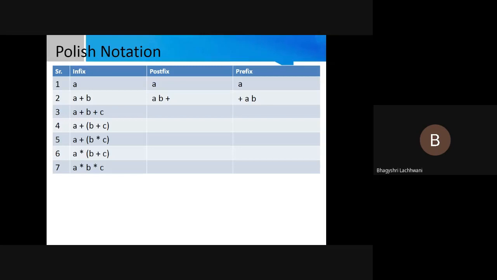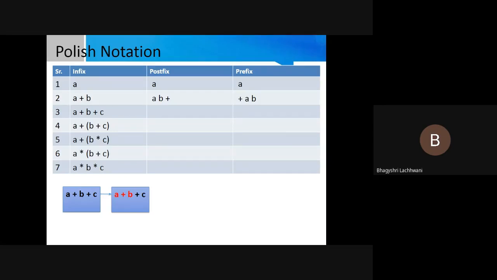Three operands: A plus B plus C. First you will try to solve the first half, that is AB plus. Then plus C. AB plus will be considered as operand 1, C is the second operand, and in between plus will be there. Here, in A plus B plus C, first we will calculate A plus B because no parentheses are given.